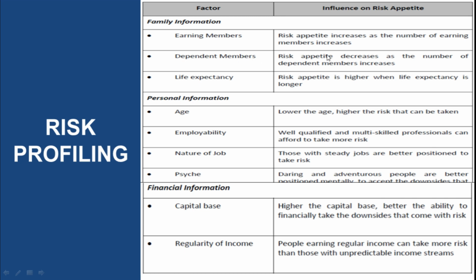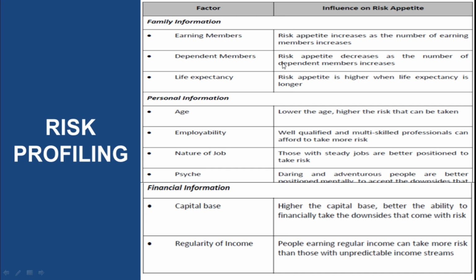Dependent members: risk appetite decreases as the number of dependent members increases. So the more people are dependent on your particular income, the less risk you would be able to take. So the fewer the dependents, the more the risk; the more the dependents, the lesser the risk appetite. The same logic: so many people are dependent on you and fewer earning members are there.